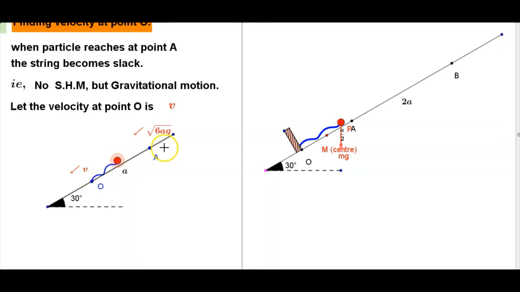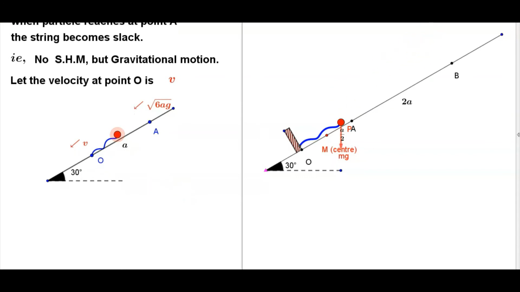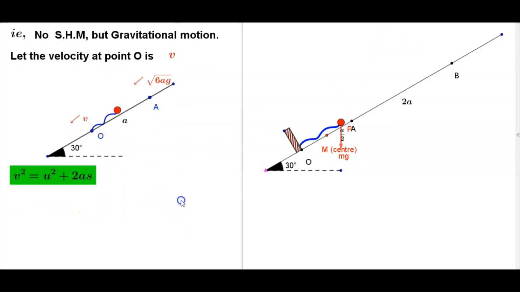From A to O, gravitational motion. The velocity square root of 6ag we already found. We want to find the velocity at O, so v. The equation of motion we can use: v squared is equal to u squared plus 2as.